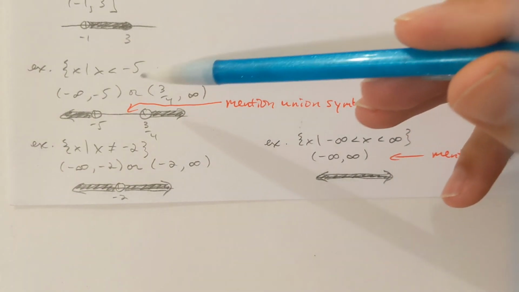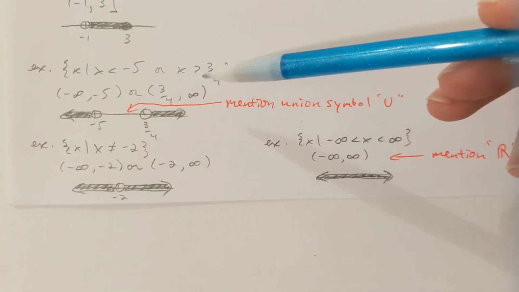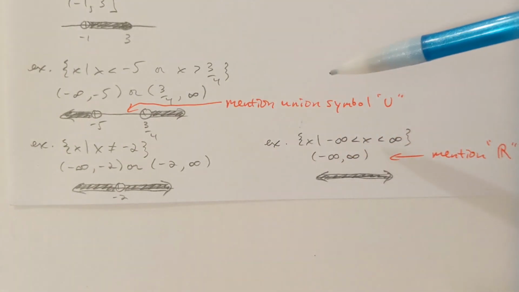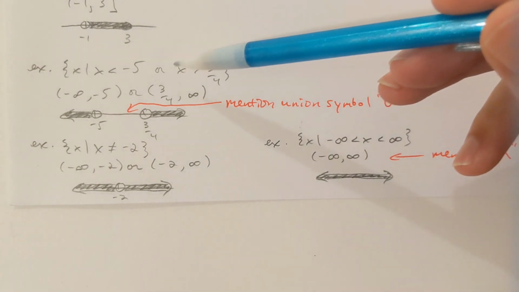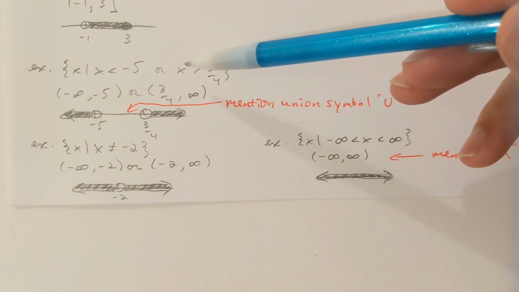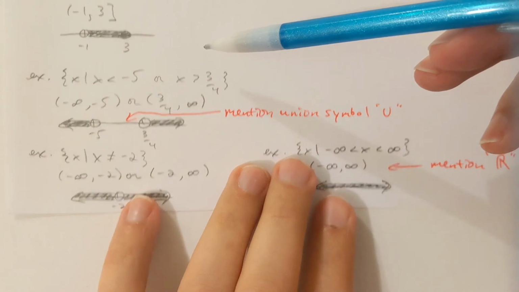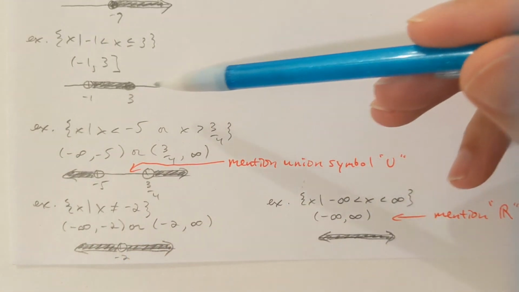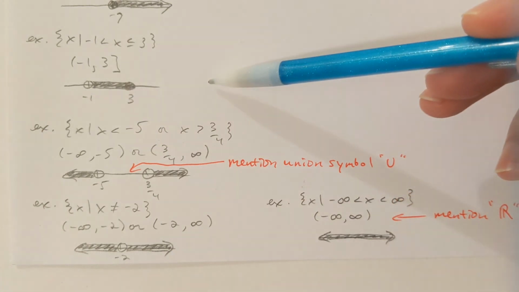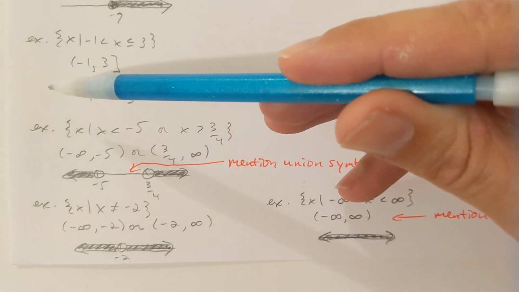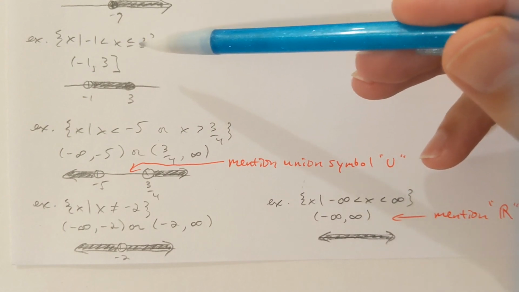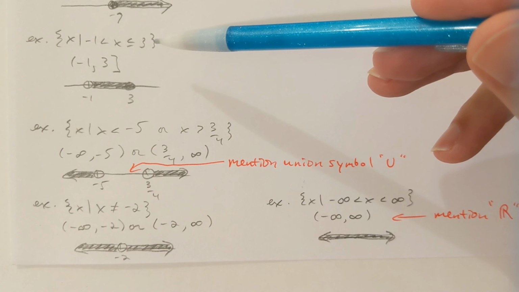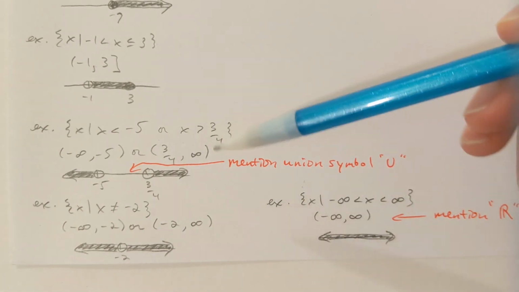Now, in general, you will always have 2 different sets that will not overlap, which is always going to be represented by an or situation. An and situation is like the one up here. You have 2 sets that do overlap. Anything greater than 1 and less than or equal to negative 3.